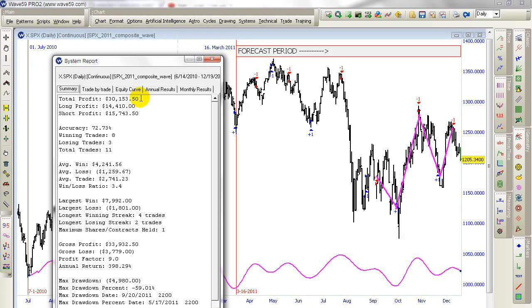So you can see that a forecast done in March with Composite Cycles, where we have an accuracy of over 70% for the complete forecasted period, was put into the public completely for free, ahead of time, in real time.